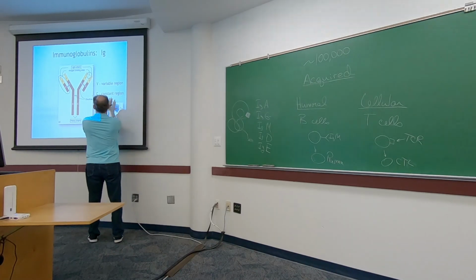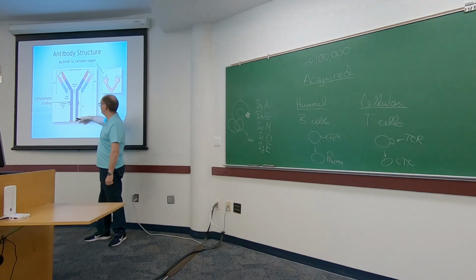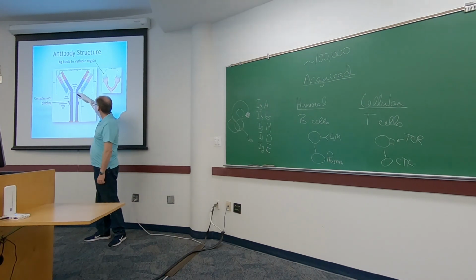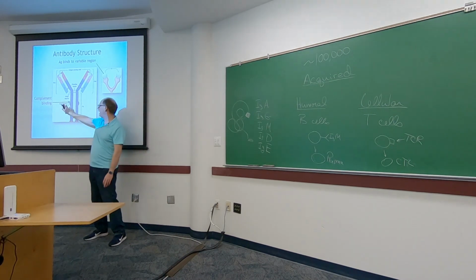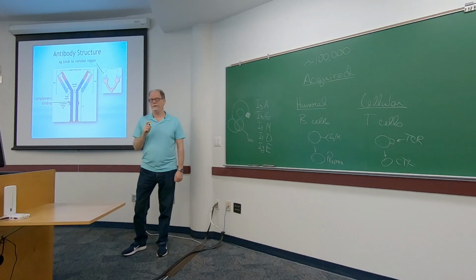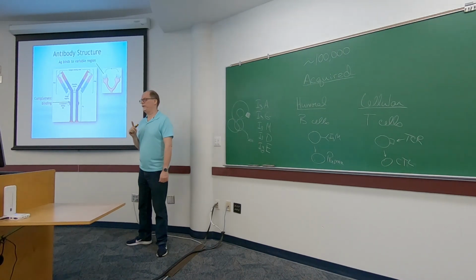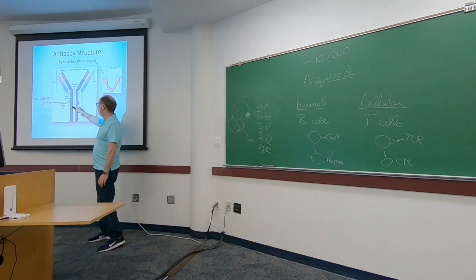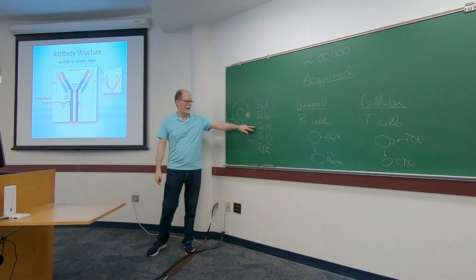They call it a hinge region because it's flexible. This is called an Fc region and Fab. There's a complement binding domain because complement, or C1, that protein we discussed in section 13, right, can bind to that portion of IgG and IgM.